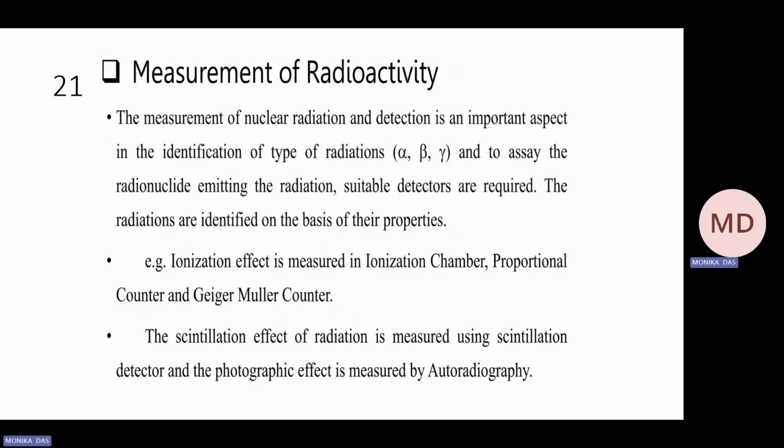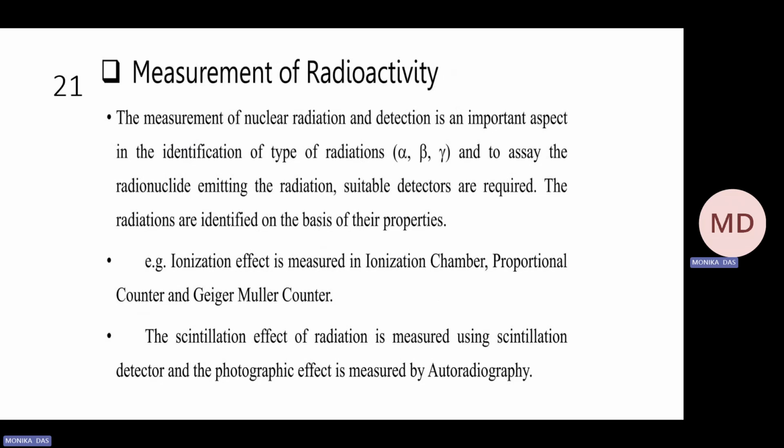So there is a measurement of radioactivity. We have to understand how much radiation is being emitted, or what type of radiation is being emitted from an isotope or a compound. To measure this, the measurement of nuclear radiation and its detection is an important aspect in the identification of the type of radiation.